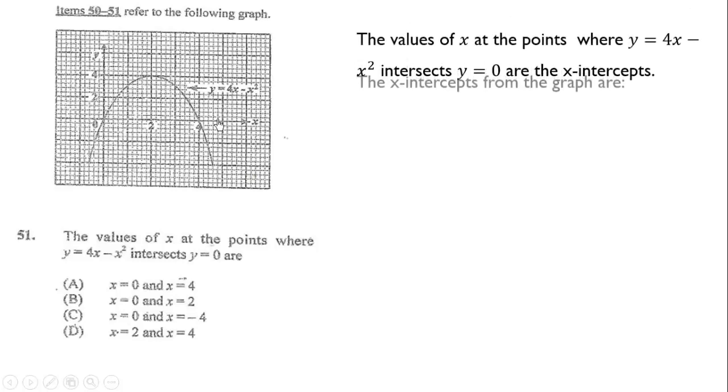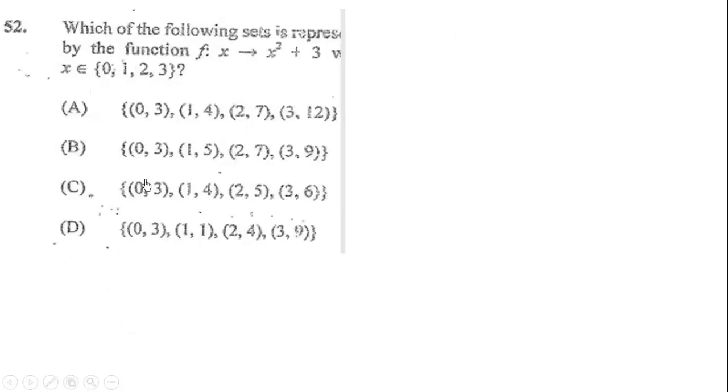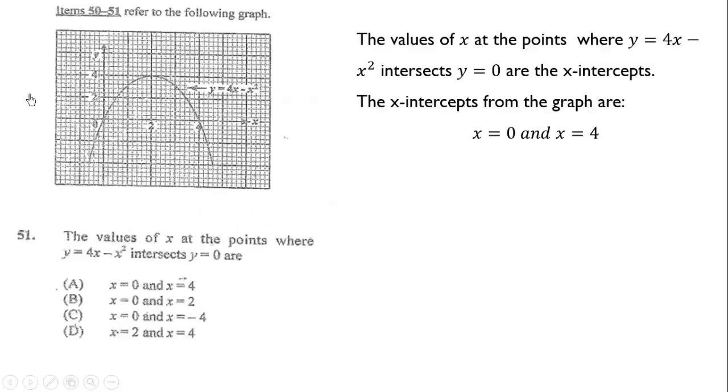Therefore, the x-intercepts from the graph are x equals 0 and x equals 4. Hence, the correct answer is option A, x equals 0, x equals 4.